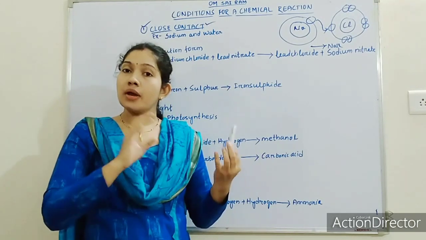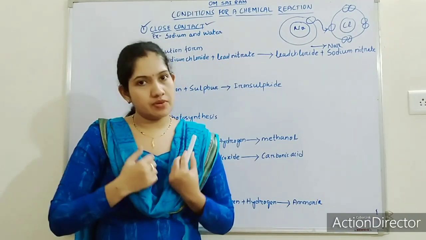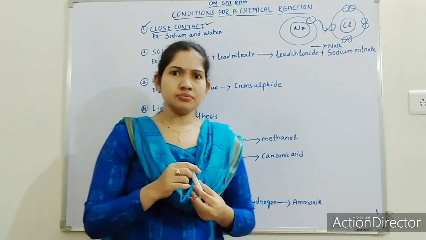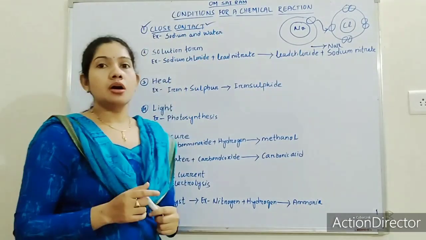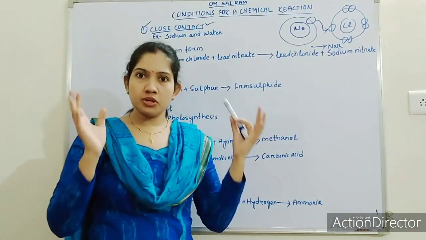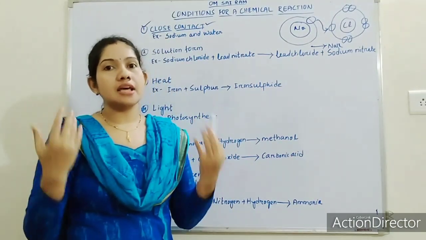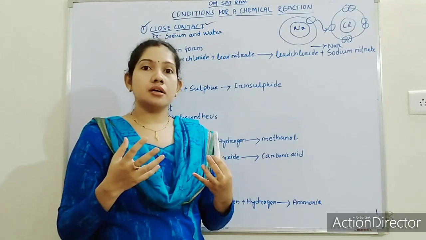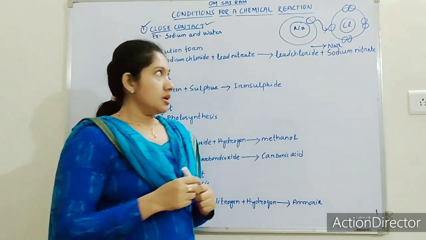When sodium comes in contact with water, it forms an explosive reaction. So sodium and water is an example of close contact. When sodium and water are kept close to each other, they form a reaction, and that can be an explosive reaction.